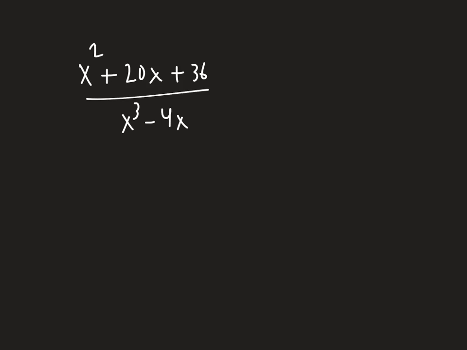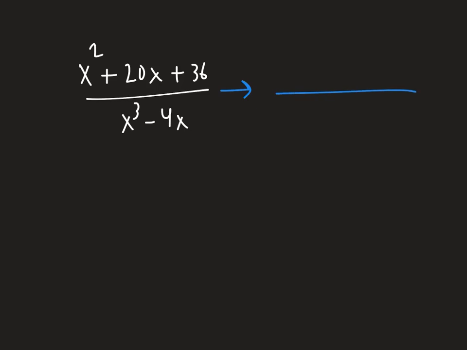So for example, let's say we are asked to simplify x squared plus 20x plus 36 over x to the third minus 4x. Basically you want to try and factor everything you can and see what reduces out, right?